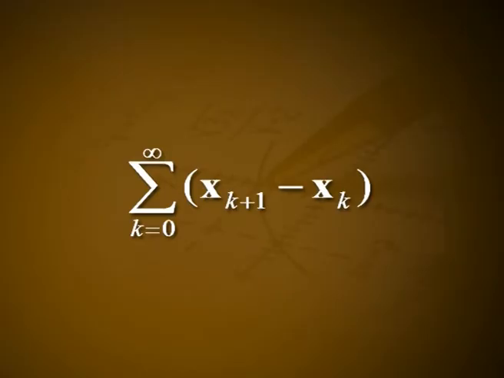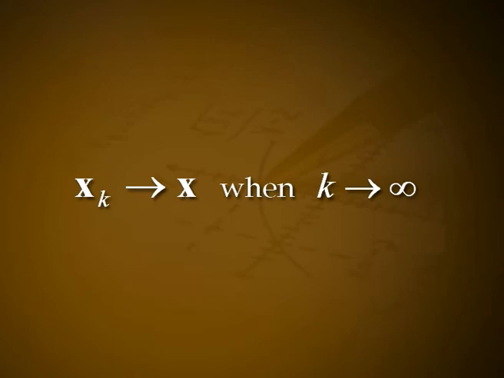Then the series summation of x_{k+1} − x_k converges uniformly, that is, x_k converges to x when k tends to infinity.